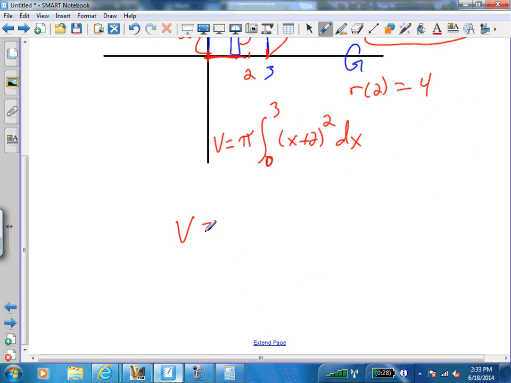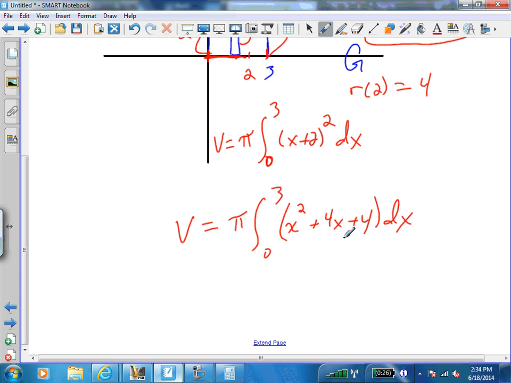To get that, we would need to square x plus 2. The shortcut, remember, to squaring that is to square the first, take their product twice, and then square the last.